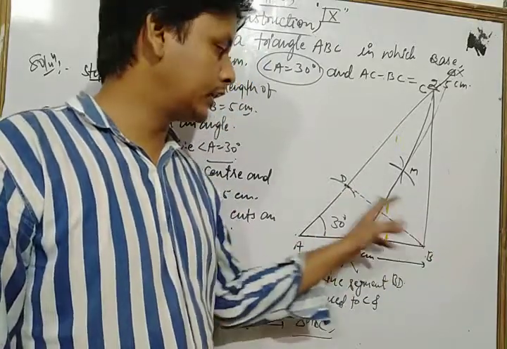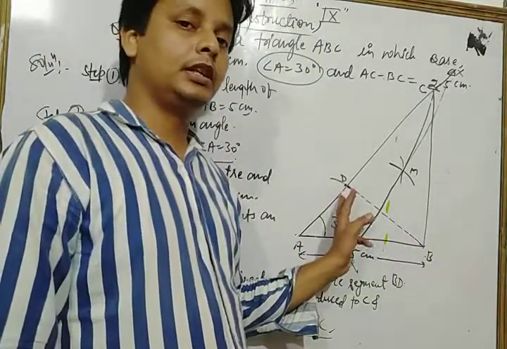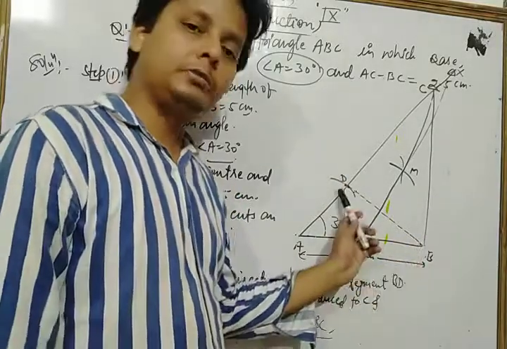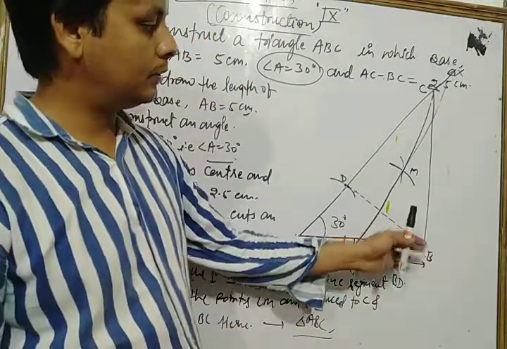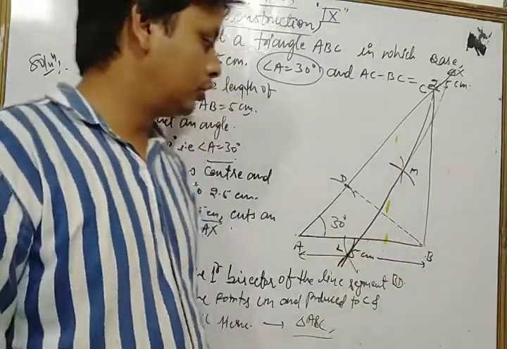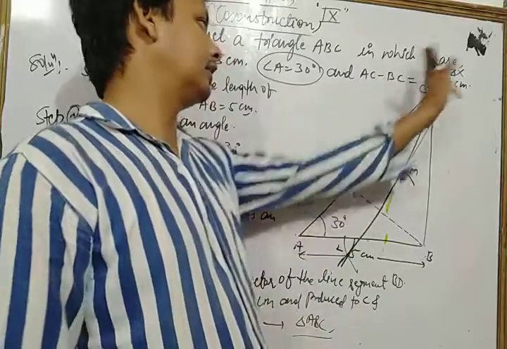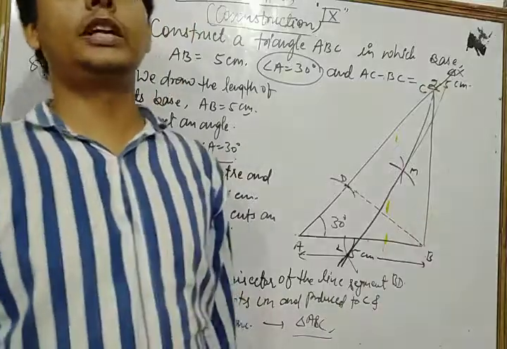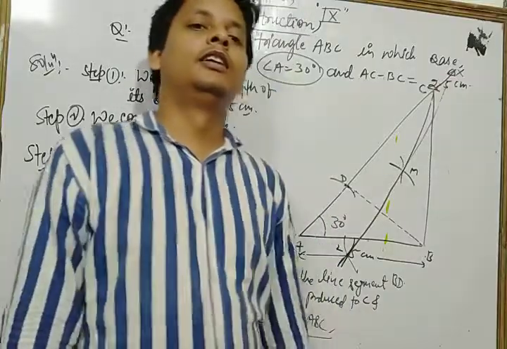After joining the line segment BD, we draw the perpendicular bisector of BD. Then we join those two points and produce to some distance, which cuts the previous ray AX at point C. Now we join BC. So in this way, dear students, this ABC is our required triangle.